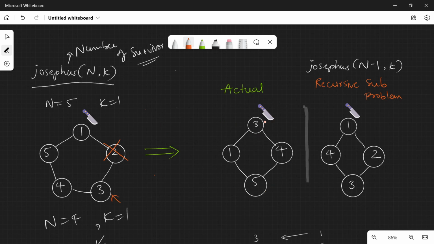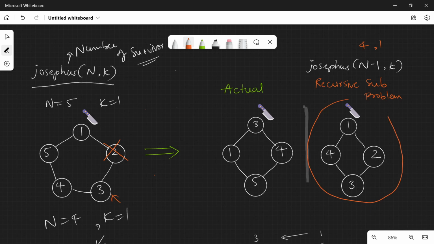The knife is with 3 and there are 4 nodes now, and the nodes are not in order, and the knife is not with the first soldier. So we will take 4 nodes, and Josephus of 4, 1 looks like this.